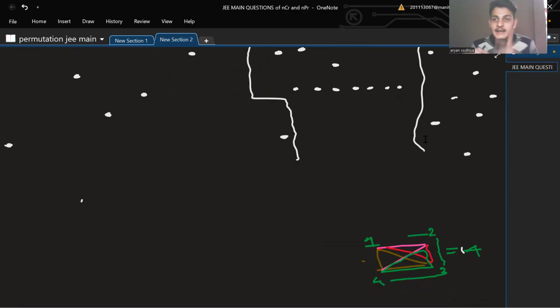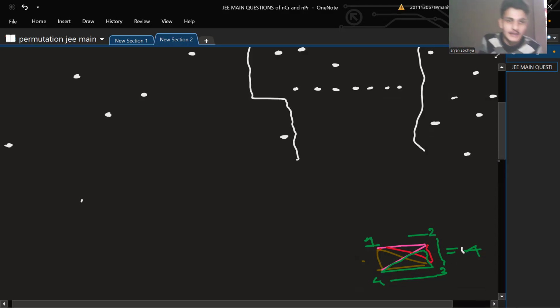To draw a triangle, I need three points. So out of any points, I need to choose three-point groups. I have 12 points and I want to find the number of triangles I can draw from those 12 points. So I need to make groups of three points. I have 12 points, let's say.